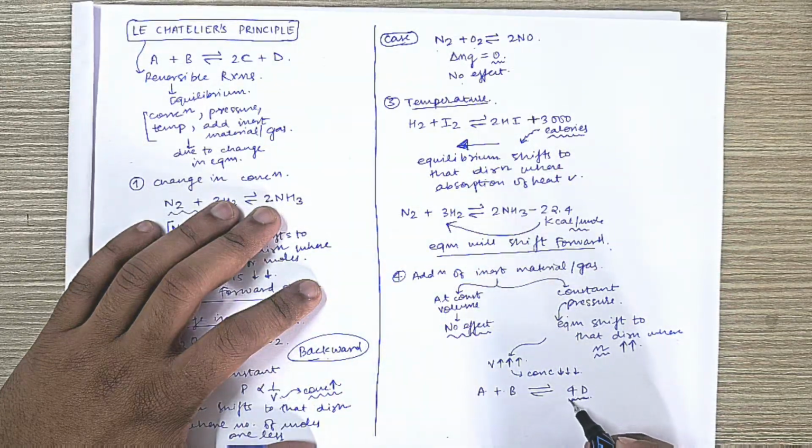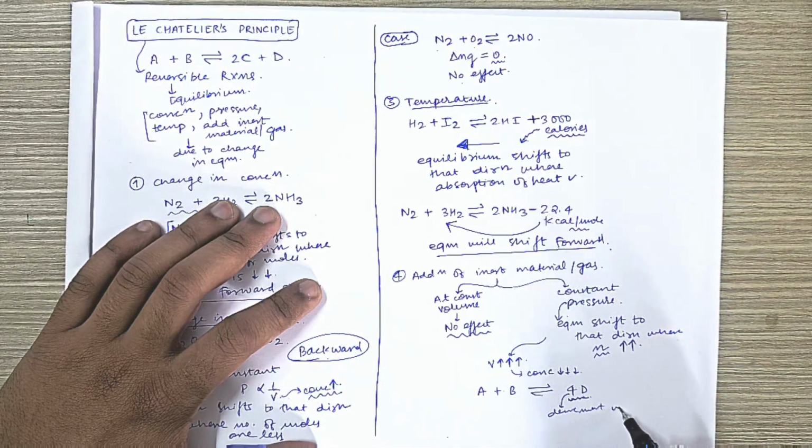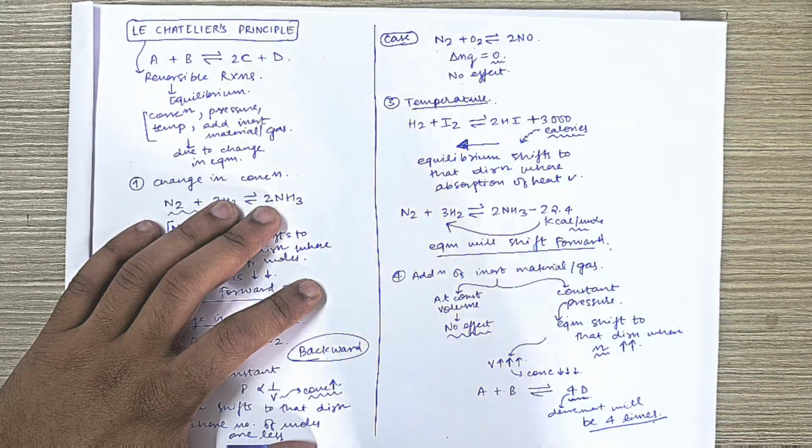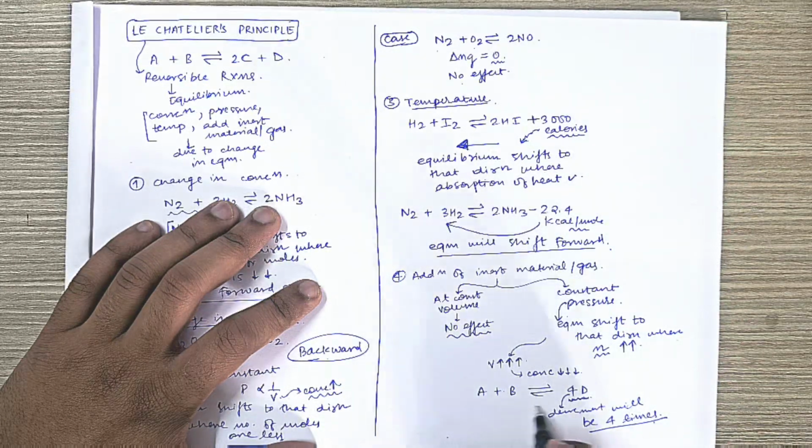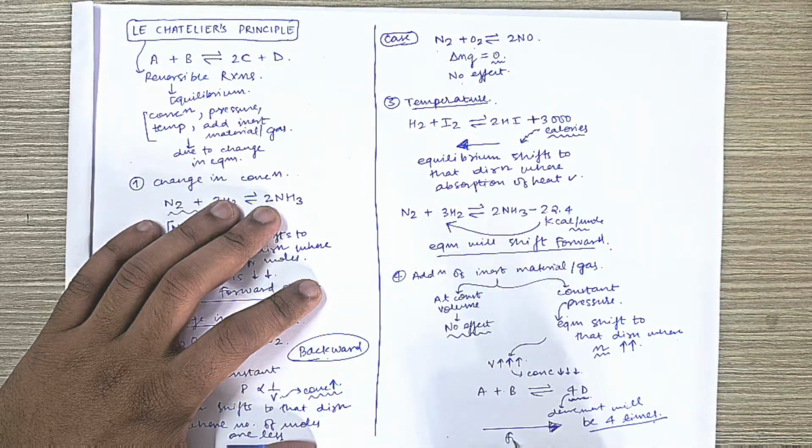And as these are 4 moles, the decrease will be more. The decrease will be 4 times, right? So that is why we are saying that the equilibrium will shift where the number of moles are more, right? So here the equilibrium will shift forward.